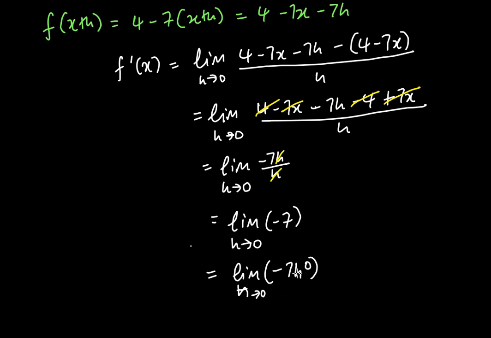Why am I putting h? Because I want to substitute h as 0. Now if I say h to the power of 0, remember any number to the power of 0 is equal to 1 except for 0. So it means I still have 1 times negative 7, which is negative 7.